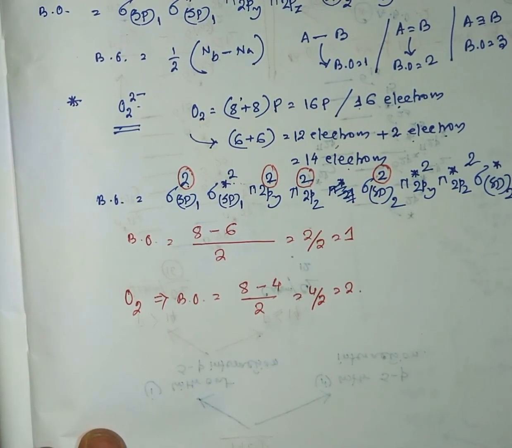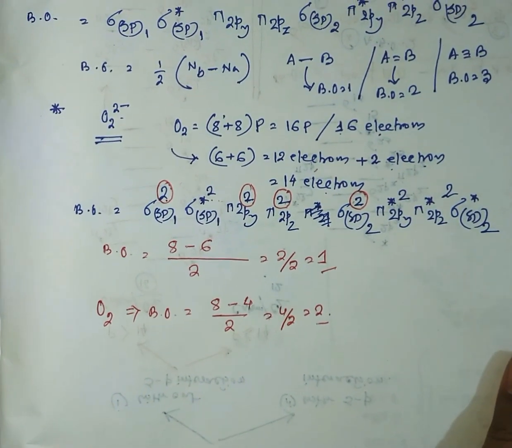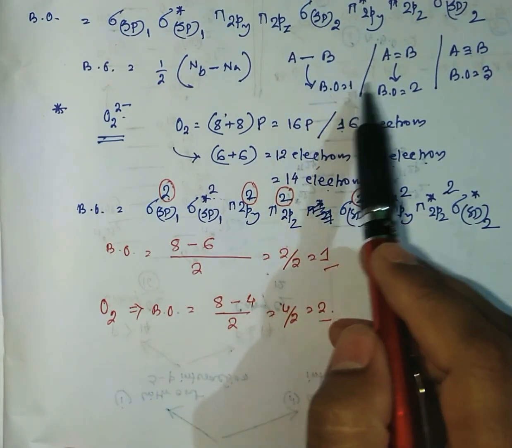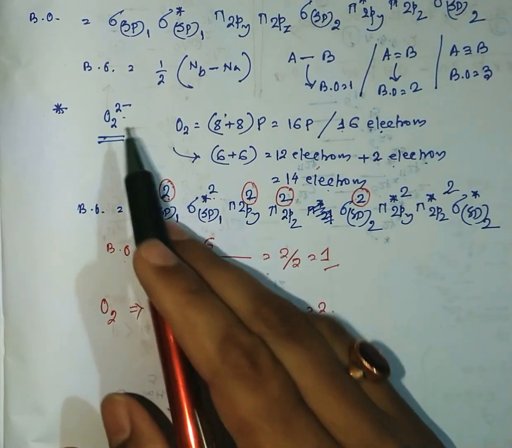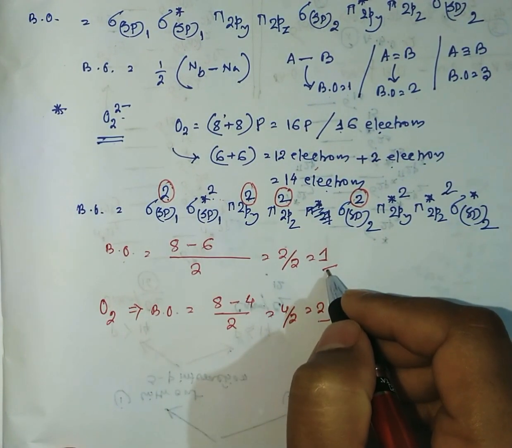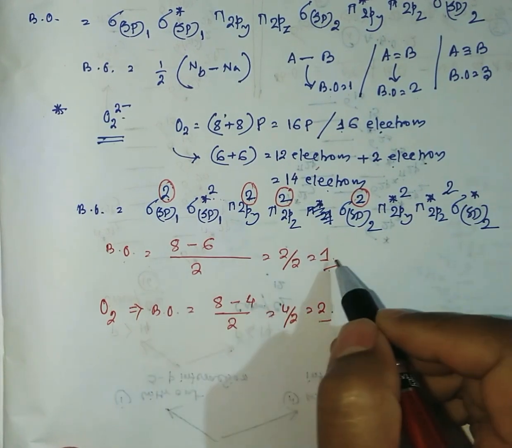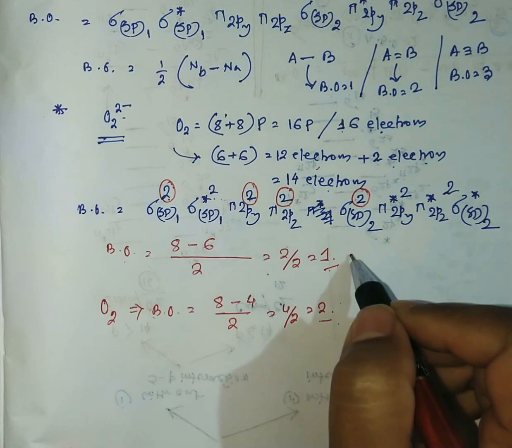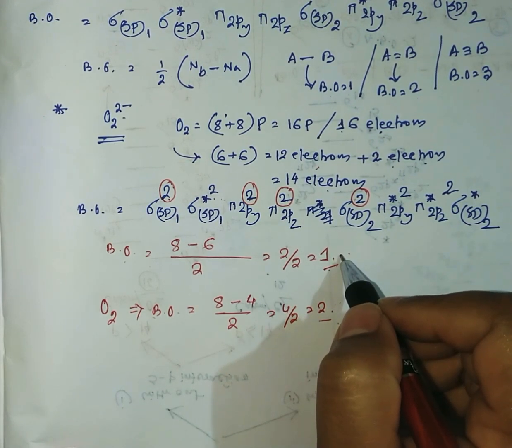What is the meaning of bond order 1 and bond order 2? We have already discussed: single bond means bond order 1, double bond means bond order 2, triple bond means bond order 3. So does the bond order of O2 2 minus being 1 mean an oxygen single bond? No. Bond order 1, bond order 2 means the strength of the bond decreases with decreasing bond order.